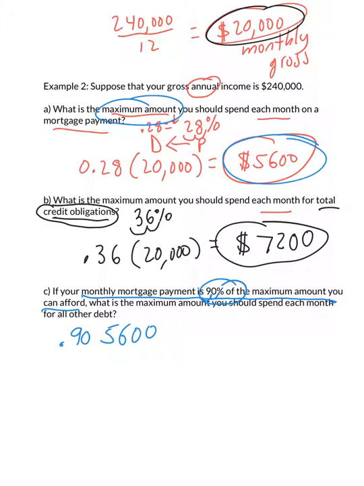Of the 5,600 means to multiply it by the 5,600. So if I do 0.90 times 5,600, we see that we get $5,040. Again, this represents your current monthly mortgage payment.